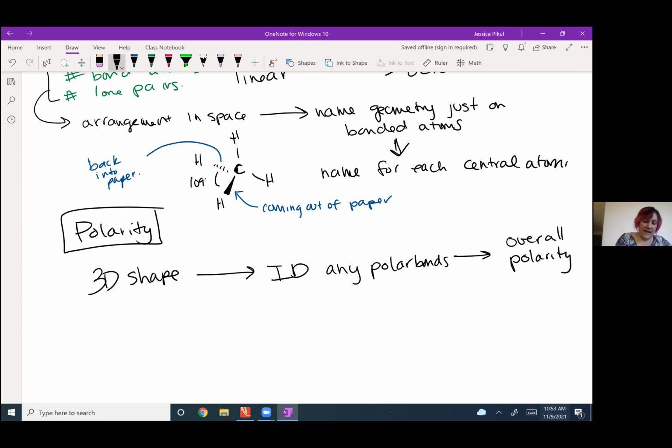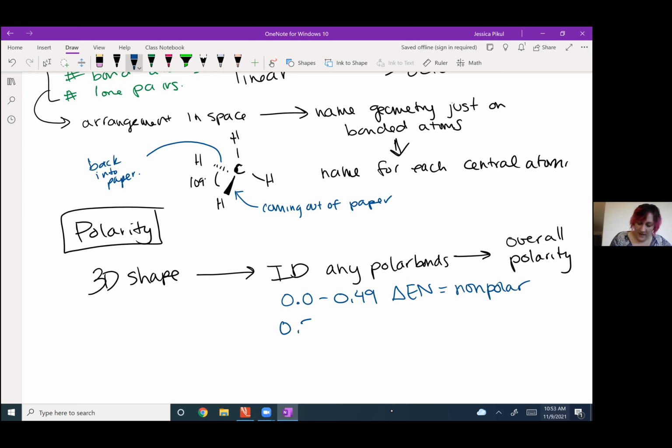We're going to come back to the electronegativity difference that we talked about that made something a covalent versus an ionic bond. Anything that is a 0.0 to 0.49 difference in electronegativity is what we just call nonpolar covalent.